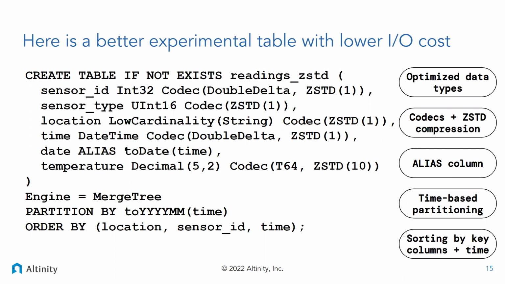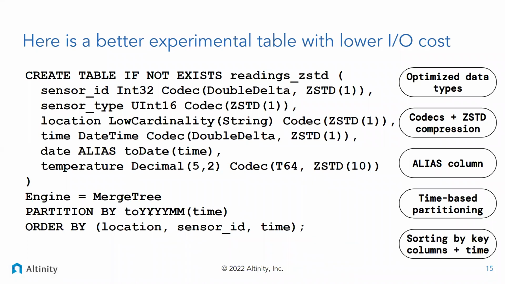Other things we can do: we have a time value here. Dates, of course, can be computed trivially from time. So we have what's called an alias column. Instead of storing it, we just say, hey, this is something you can compute. We use time-based partitioning. That's very, very common in ClickHouse in large data sets.